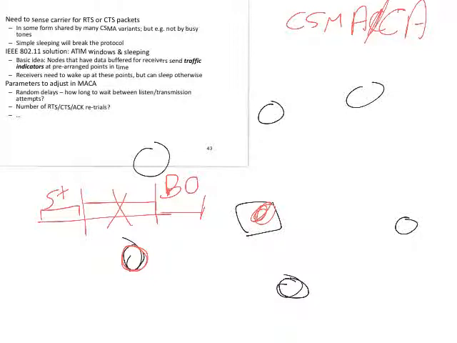So each node can send independently from the access point. The access point does not work as a single controller. It is merely there to connect us to the infrastructure from the network layer point of view. From the MAC layer point of view, it's not acting as a centralized controller, even though it's there.